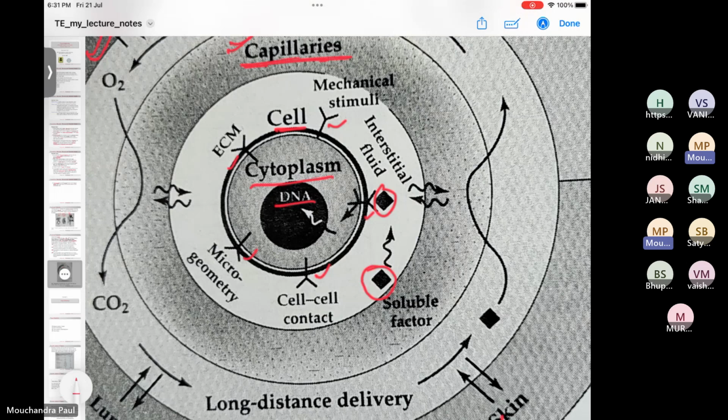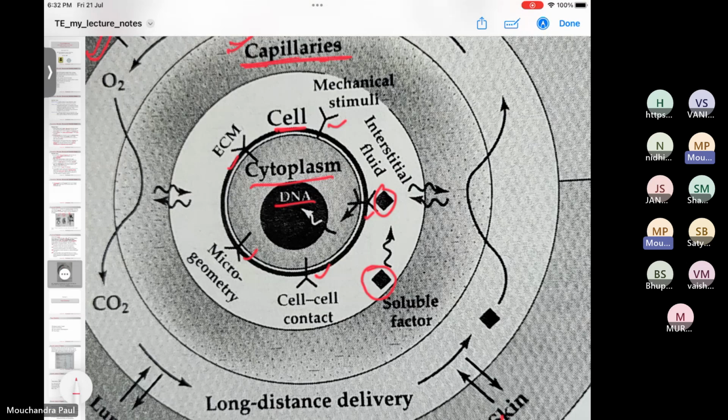Because of this small size, they're able to bind to the receptors and transmit a few signals to the cell, and in response to that, the cell makes some changes. Either they change morphologically, or they secrete another new component, or some signaling pathways get triggered.